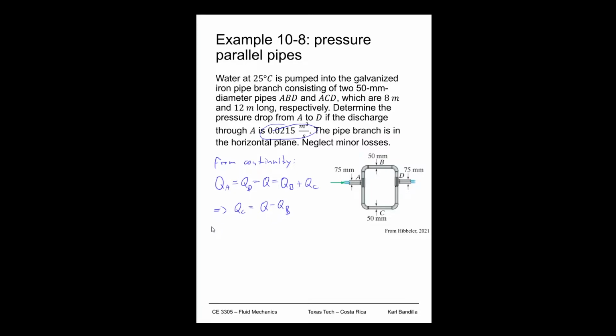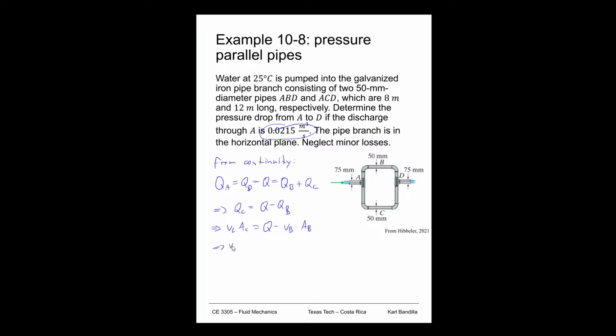That we can write all those in terms of velocities and areas, right? So we can say VC times AC is equal to Q minus VB times AB.